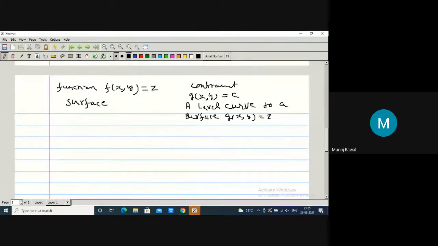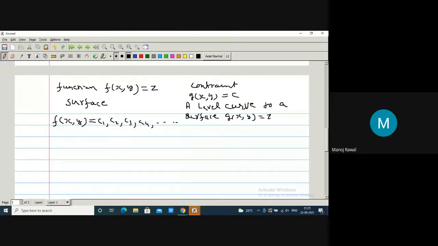So what should I do in that case? I will be taking the help of level curves. I have the level curves of the surface with me. So what are the level curves going to be? Level curves are going to be like f(x, y) is equal to some c1, c2, c3, c4, and so on, right?